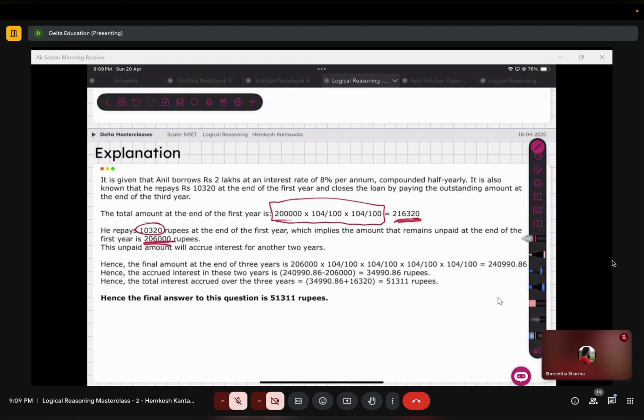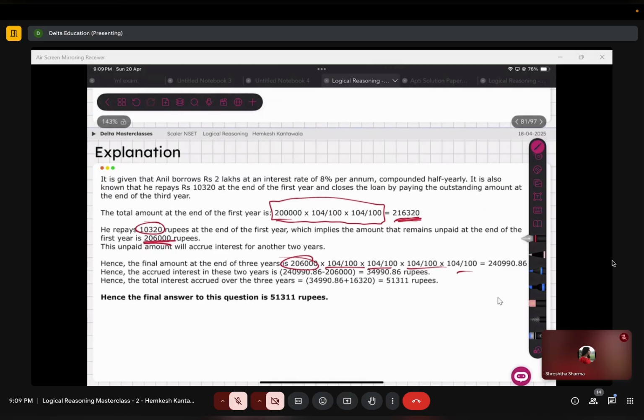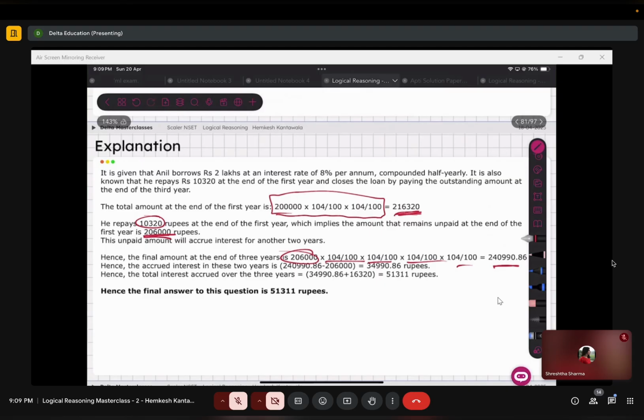Now using that principal again for the next 2 years, the rate of interest is the same, 104 upon 100, for the next 2 years, and again compounded half yearly, so to the power 4. n is 2, t is 2, so 2 times 2 is 4. That's why we multiplied it 4 times.